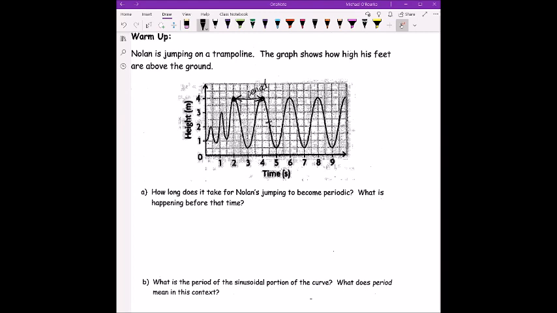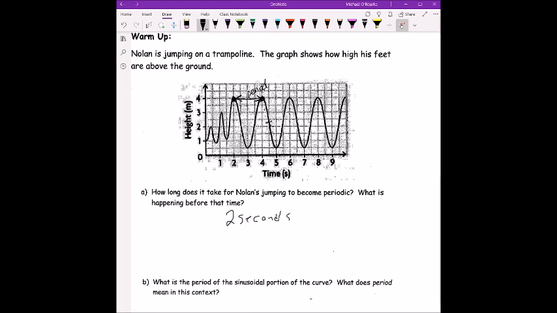So let me get my note out here. Okay, perfect. So it takes him 2 seconds to get into it.